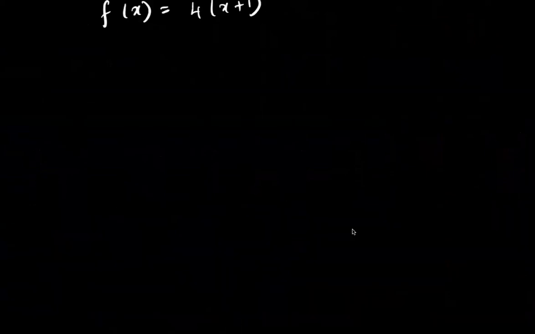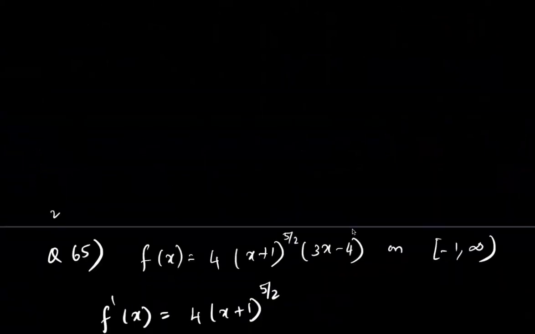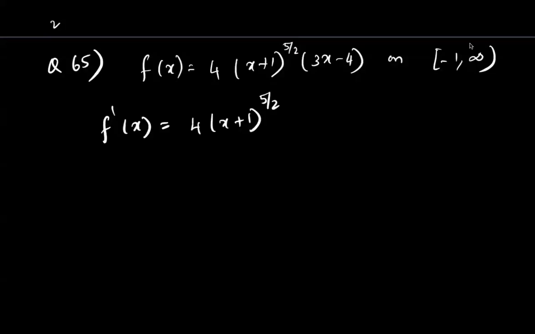Maybe we will, so we are at 65. Okay, so taking the first derivative, I keep the first term as is, times the derivative of the second term, plus keep the second term as is, times the derivative of the first term.